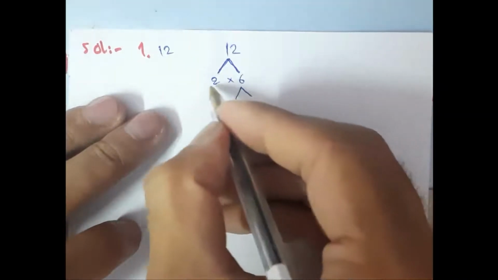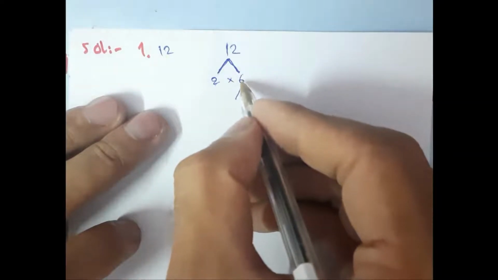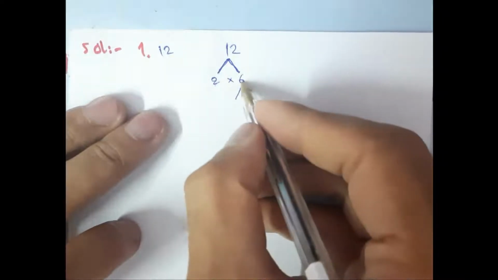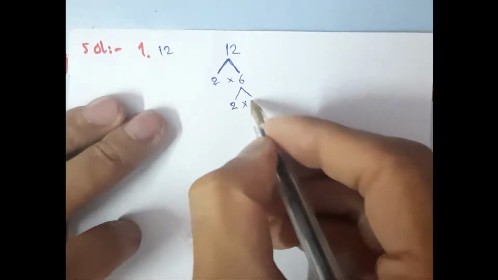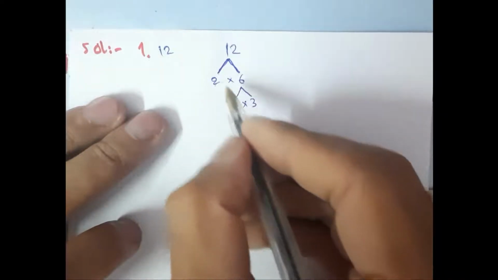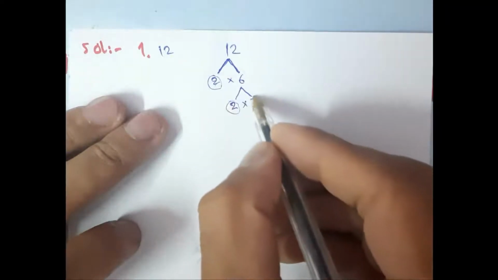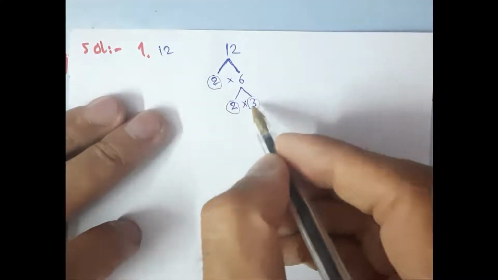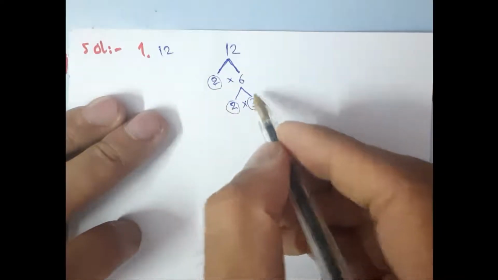Now 2 is a prime number, it is okay, but 6 is also a composite number. Then 2 into 3. Here we got the final: we have 2, 2 and 3. These numbers are prime numbers.